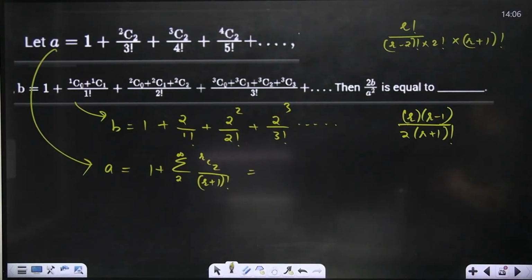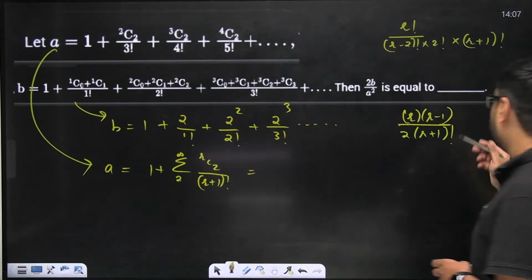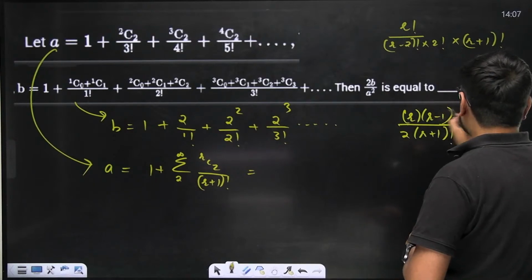Whenever this type of situation arrives, try to split the numerator with terms of the denominator. Here there is a minus R. For example, what is this numerator becoming?